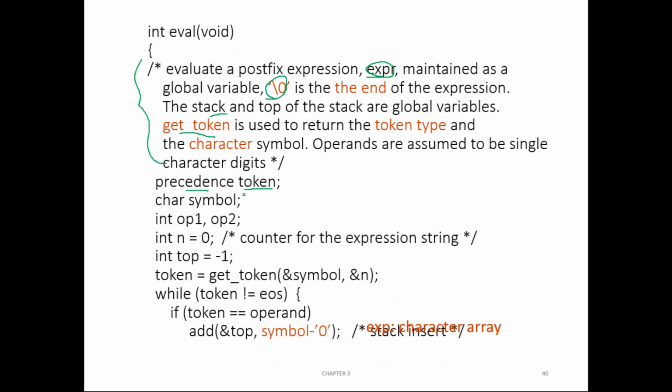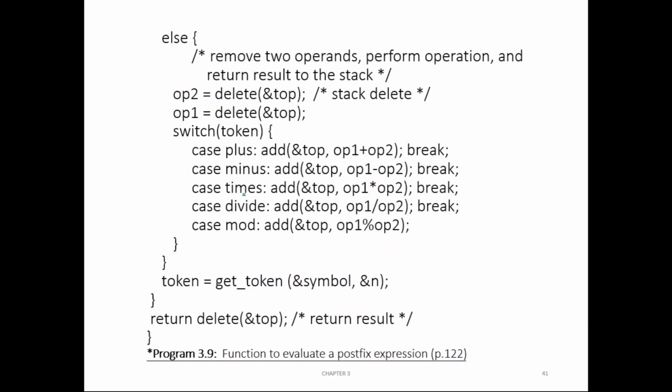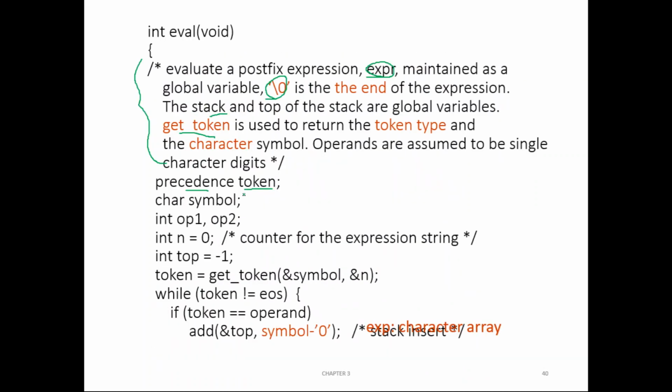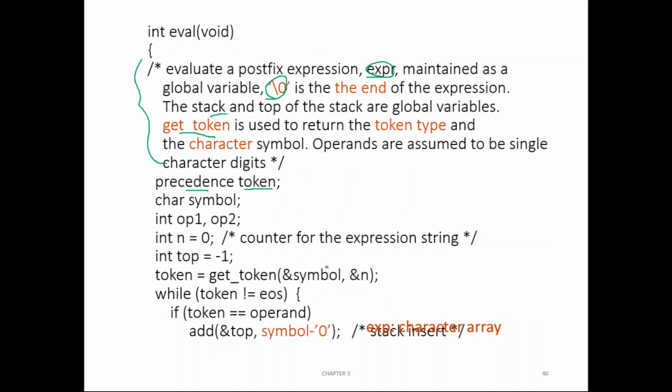Whatever token we are going to read from the expression can be any one of these: left parenthesis, right parenthesis, plus, minus, multiplication, divide, modulo, end of string, or operand. Then we are creating a character variable symbol, and two integers, operand1 and operand2.